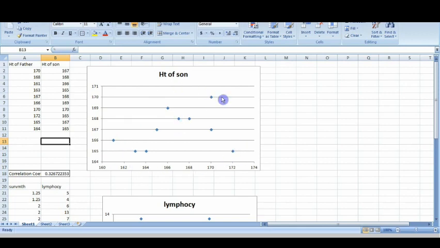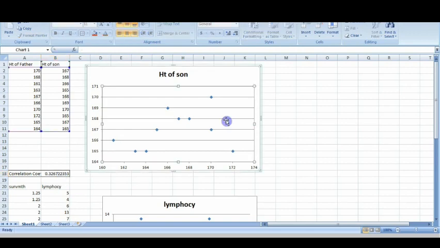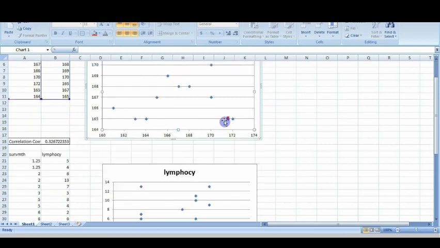If you compute the correlation coefficient in Excel, it turns out to be equal to 0.3267. So, the point is that there is a positive correlation between the two variables, but it is not very strong. It is a kind of weak positive correlation.